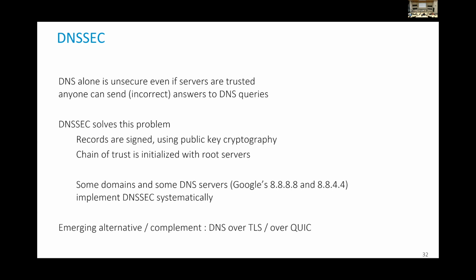This signature uses something similar to the RPKI that is used for routers for BGP. It uses root certificates at the root servers of DNS, the 13 root servers, that sign the certificates of IBM, for example.